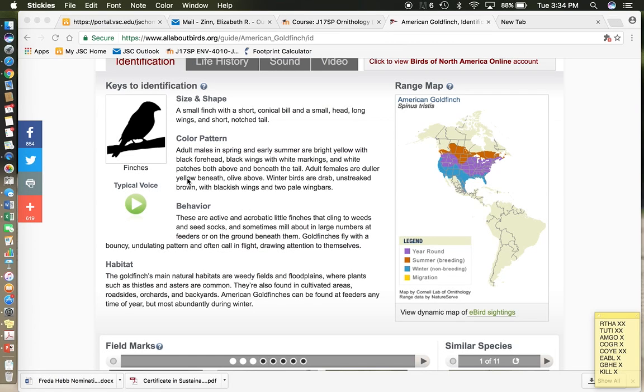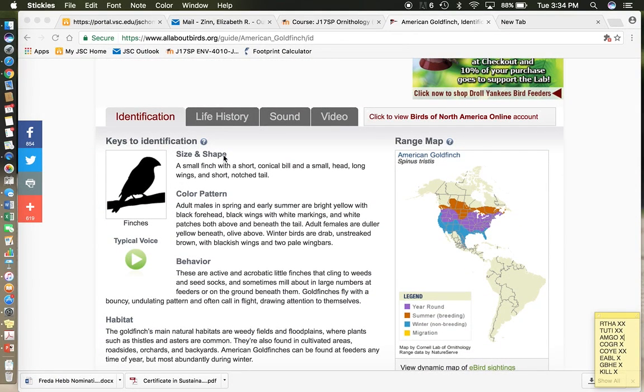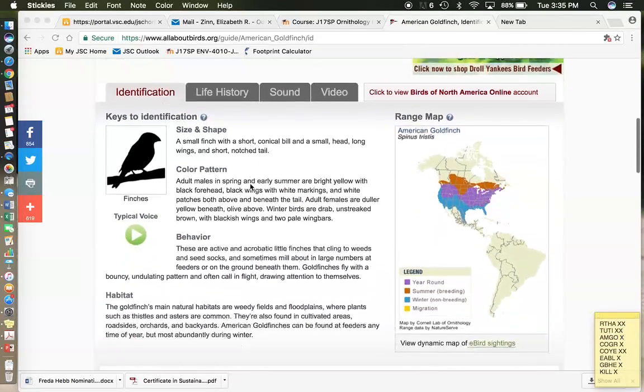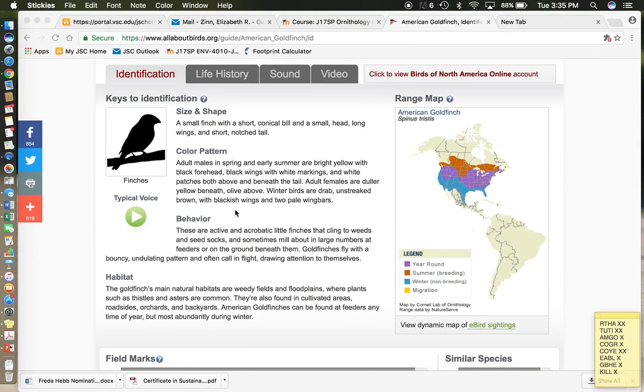But every once in a while, the goldfinch makes a sound that's kind of like a little whine, and that helps give it its Latin name. Its species name is tristis, which refers to its sadness in Latin, because it sounds kind of sad with that little whine in its voice. So let's just listen to it.